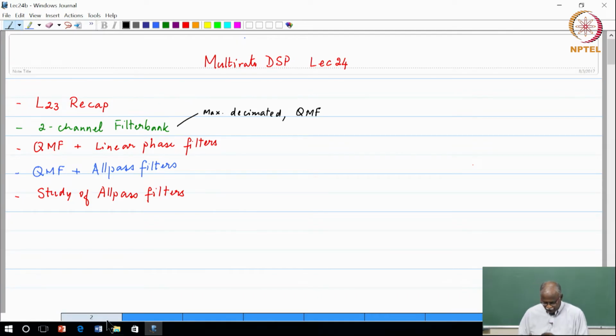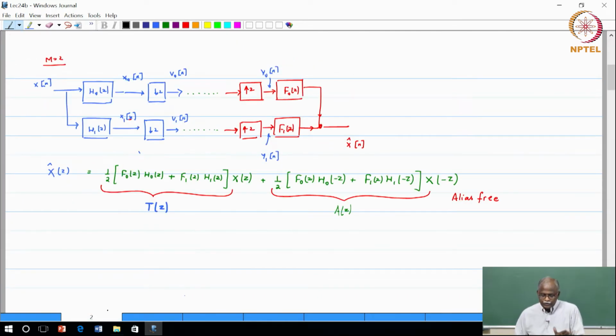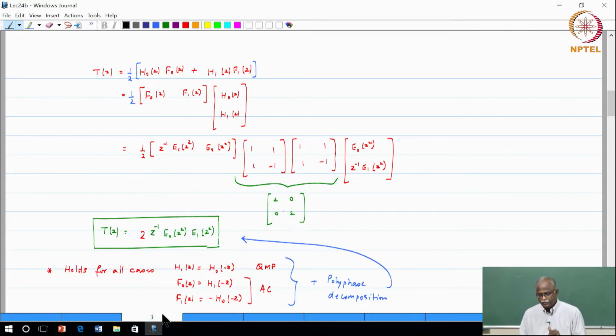So the two channel filter bank with the QMF constraint H1 of Z equal to H0 of minus Z. On top of that we have the aliasing cancellation constraints as well. Then this collapses to a transfer function which we can work with.